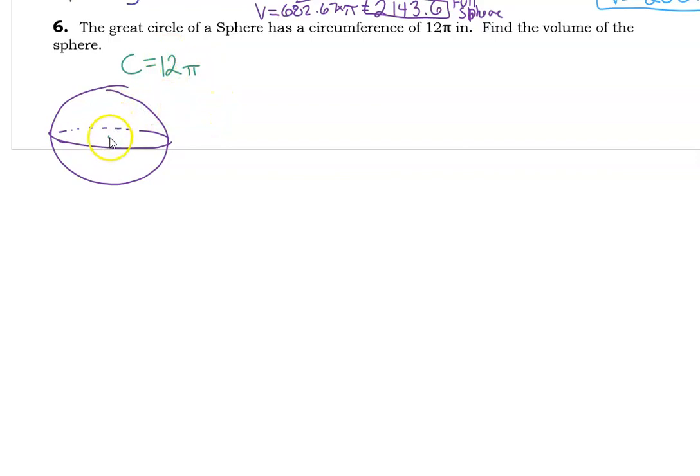So to find the volume, I first need to find the radius. So to find the radius, when given the circumference, I know that circumference is equal to 2 pi r. I also know that my circumference that they told me is 12 pi. So using these two equations, I can solve for r. So 2 pi r is equal to 12 pi.